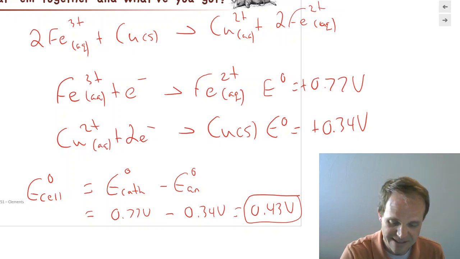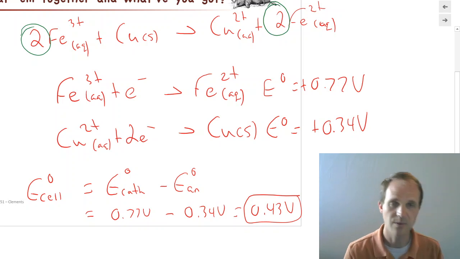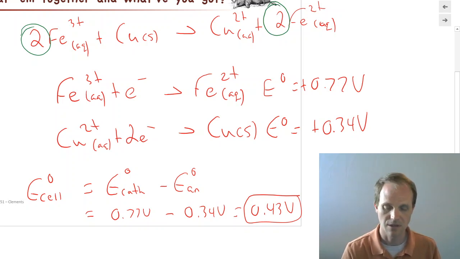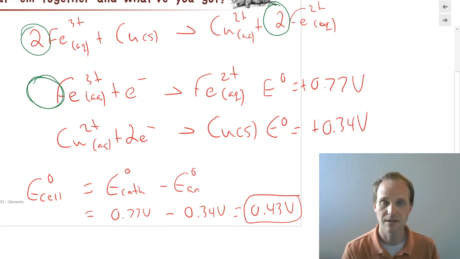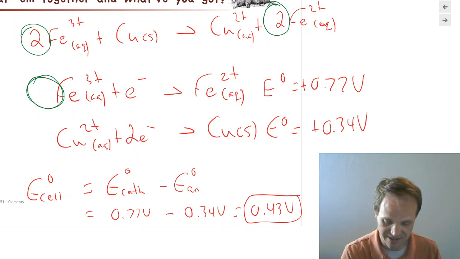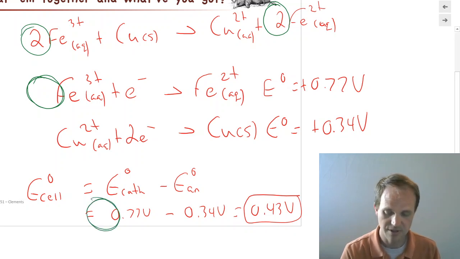In our balanced chemical reaction, we had a 2 here, and we had a 2 here. We did not have a 2 there in our standard reduction potential. We also did not put a 2 here next to the standard reduction potential.